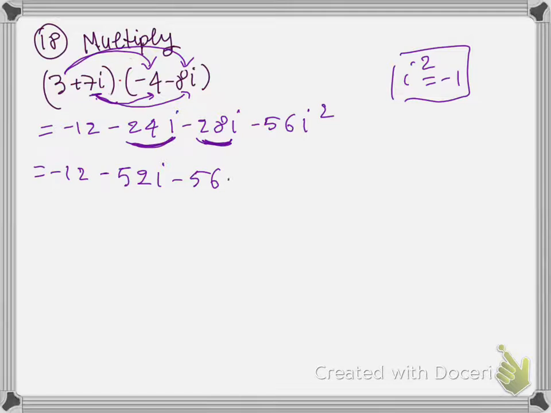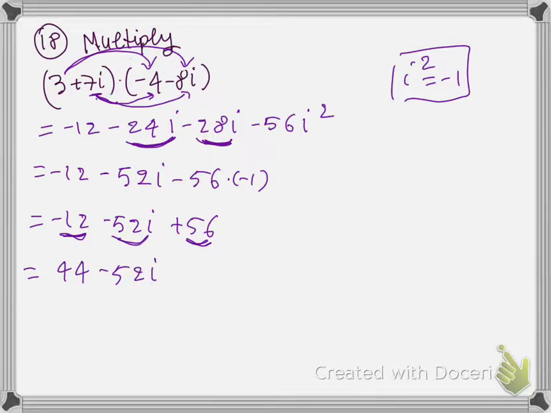So minus 56 times negative 1. So we have negative 12 minus 52i plus 56. And then combine negative 12 with positive 56. And that is 44. And then we have minus 52i.